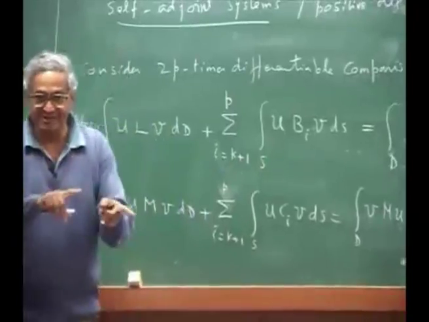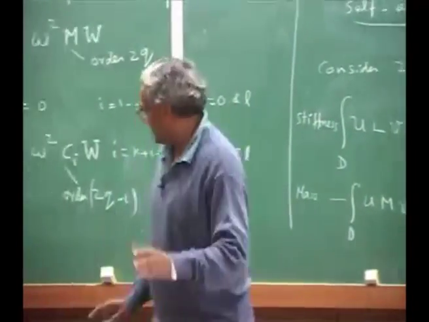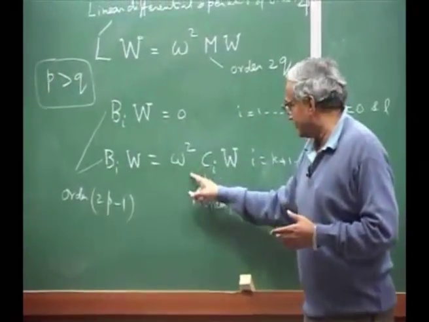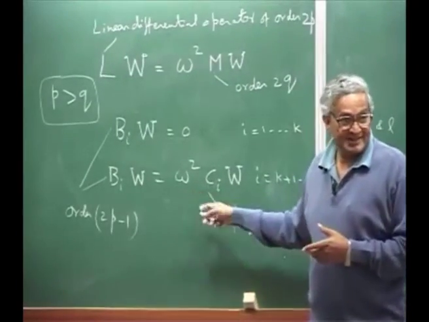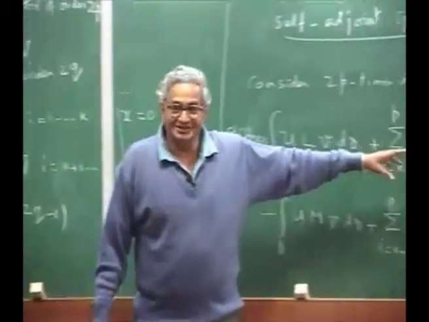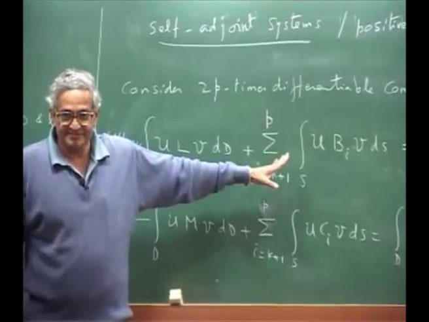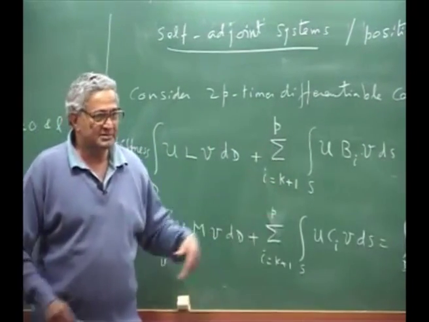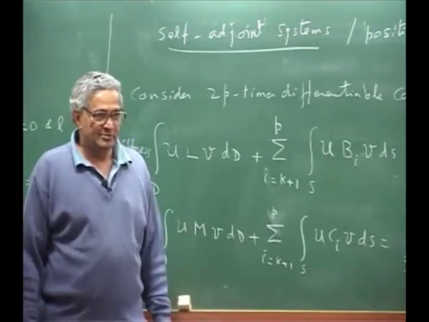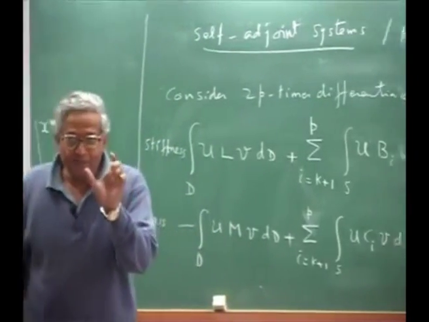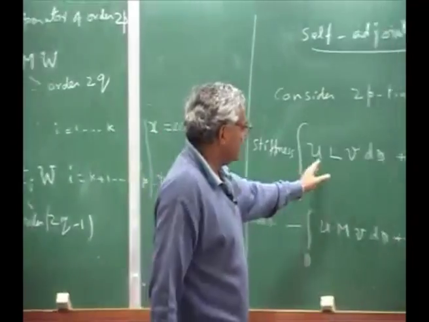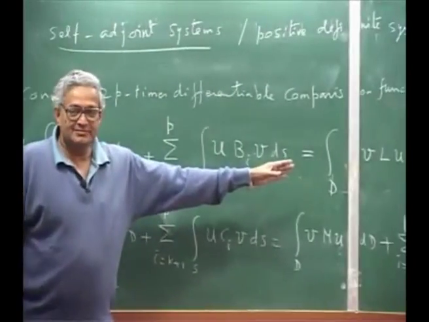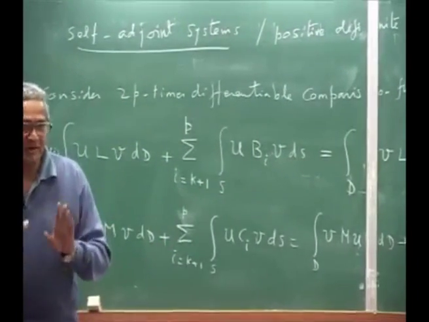Whereas if they are not, like when you have omega square sitting there, then you need to have that term. If you have that form, then this is self-adjoint. Wherever you cannot get it in that form, it is not a self-adjoint operator.